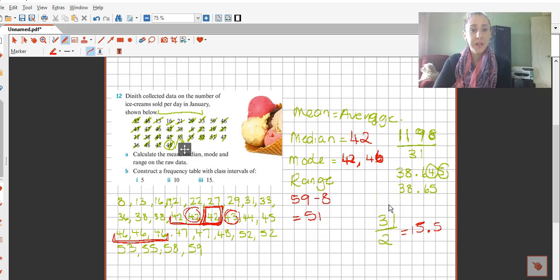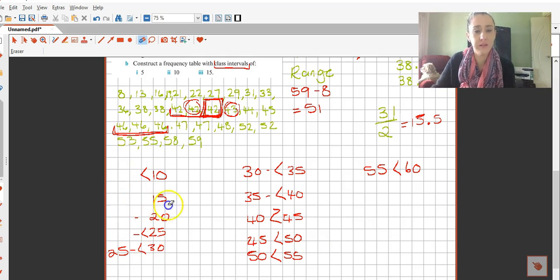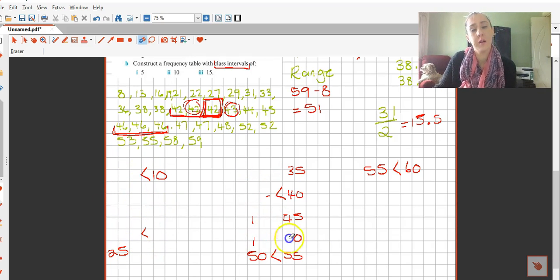Alright, so the next part of the question wants us to construct a frequency table with class intervals. So what does that actually mean? Okay, so we're looking at creating these class intervals. So I'm just going to get rid of this because we've actually got what kind of data here.